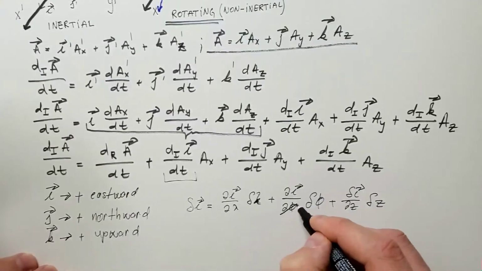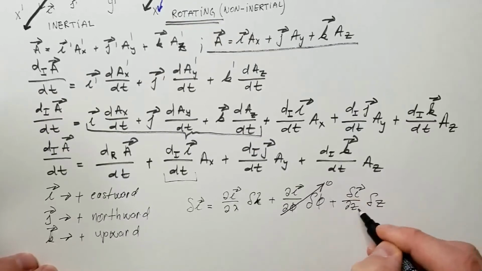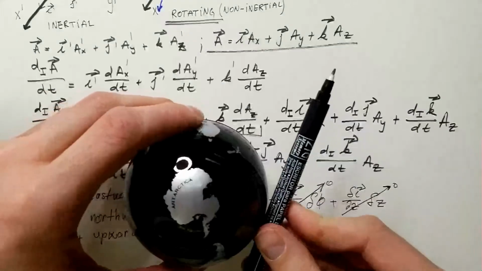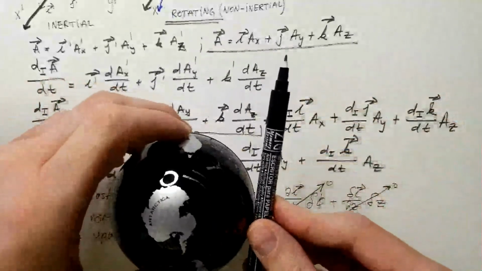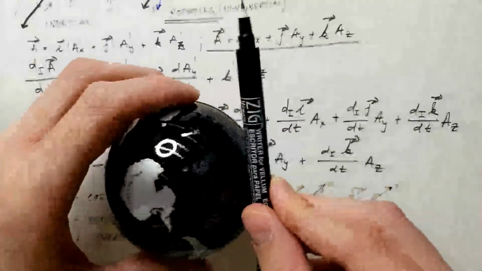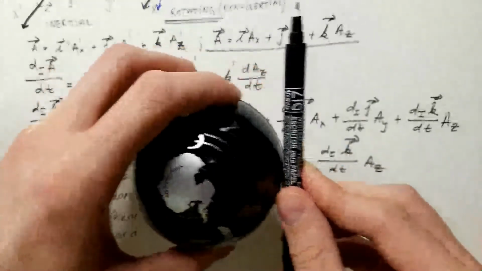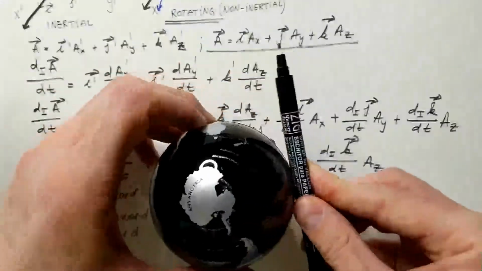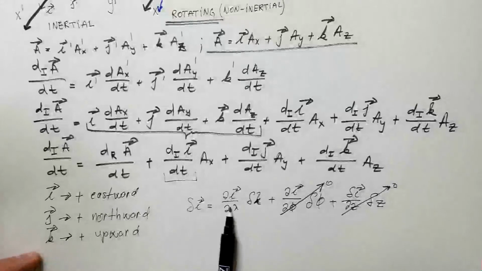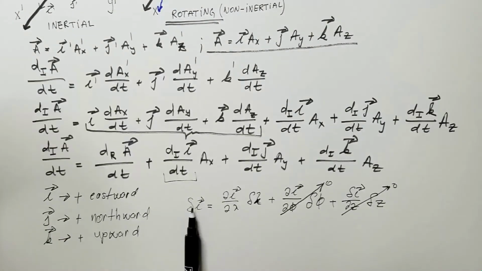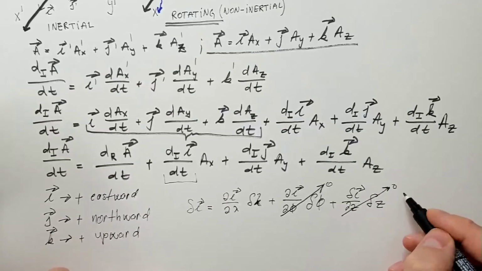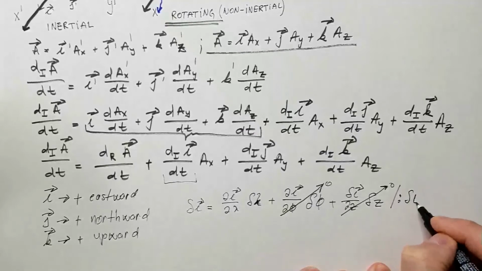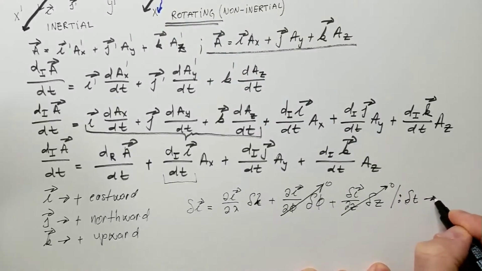I just showed you these terms do not exist in our case because our planet is rotating counterclockwise like this. If our planet was rotating like that and at the same time maybe did this wobbling, then these terms would exist. But because the rotation is purely like that, there is only this term when it comes to the change of delta I. Now what I will do here, I will divide this by delta t, which is time, and let delta t go to 0.